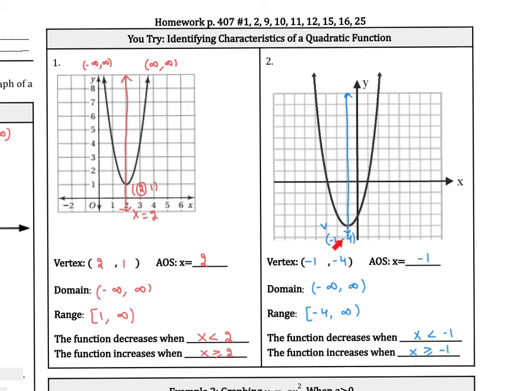This is our turning point, x equals -1. When x is less than -1, the function decreases. When x becomes greater than -1, which is this side, the function starts to increase. So when x is greater than or equal to -1, the function increases.